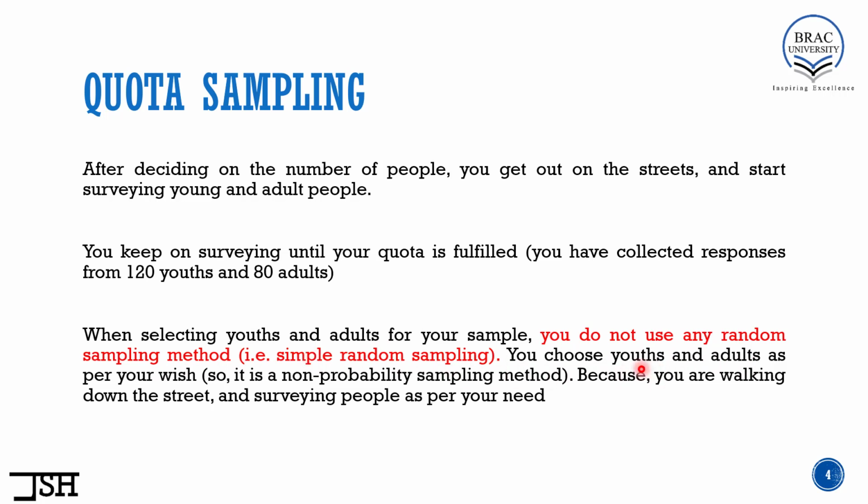We choose youths and adults as per our wish. So it is a non-probability sampling method. Why? Because I am walking down the street and surveying people as per my need. So I'm not going to follow a specific system here. So I go down on the street and maybe I survey whomever I find on the street.